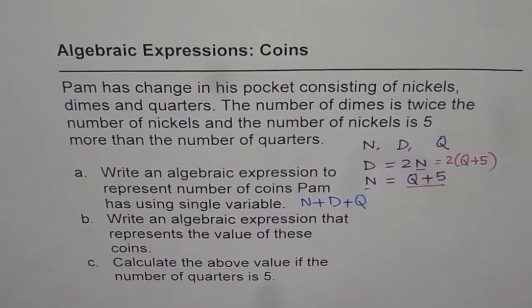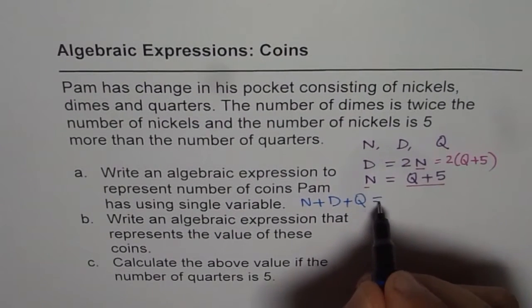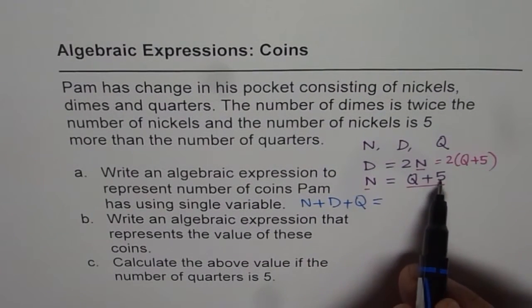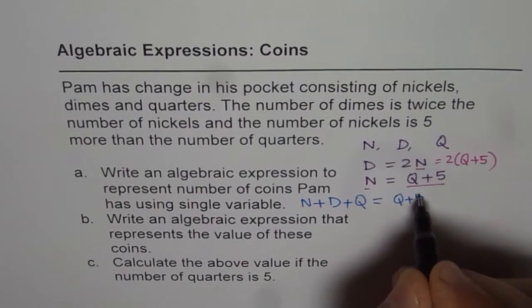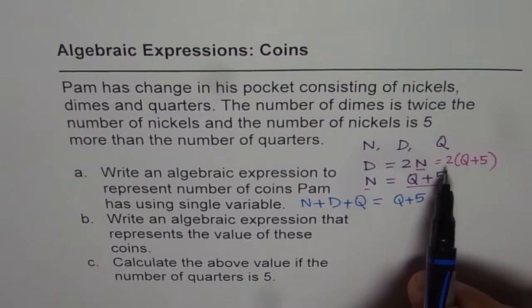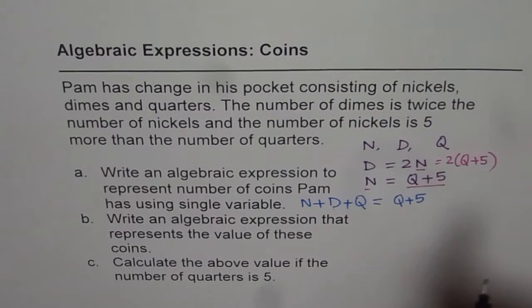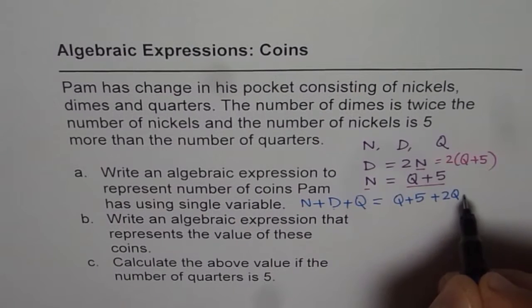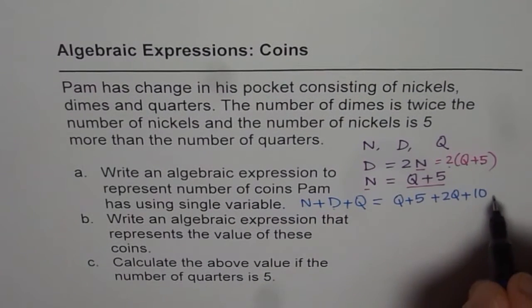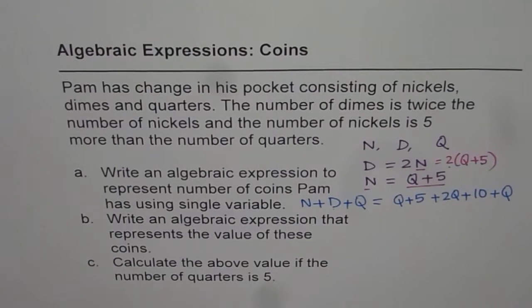That is so simple, right? Now we know that nickels is quarters plus 5, so instead of nickels we write q plus 5. Instead of dimes we write 2 times q plus 5. Let me expand this, so it gives me 2q plus 2 times 5 is 10, and plus quarters.